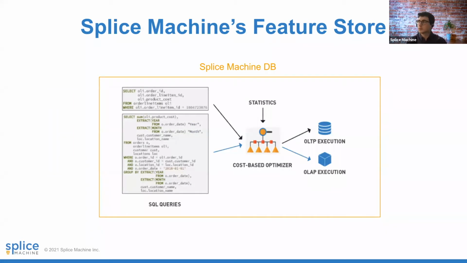And that's certainly true. Splice Machine's innovation is a cost-based optimizer and separate execution path, depending on the type of query. So very briefly, if you have a primary key lookup, we'll execute that through HBase. If you have a big batch aggregation, we'll execute that through Spark. All of this is to say, we're able to do both kinds of analytics with just one database.